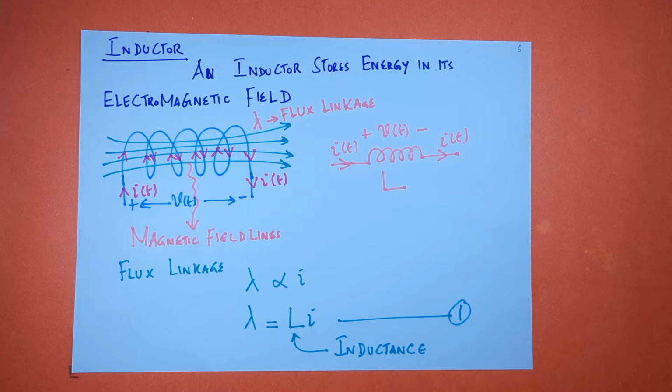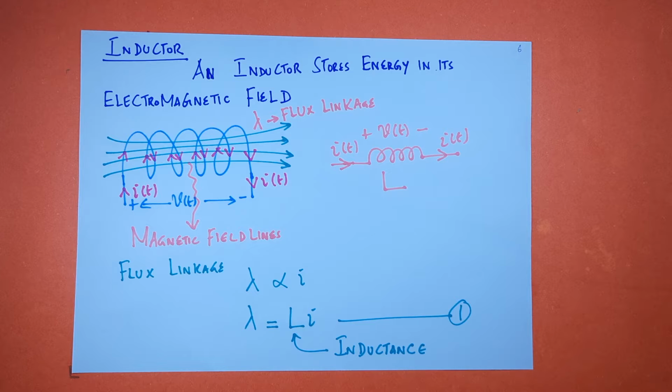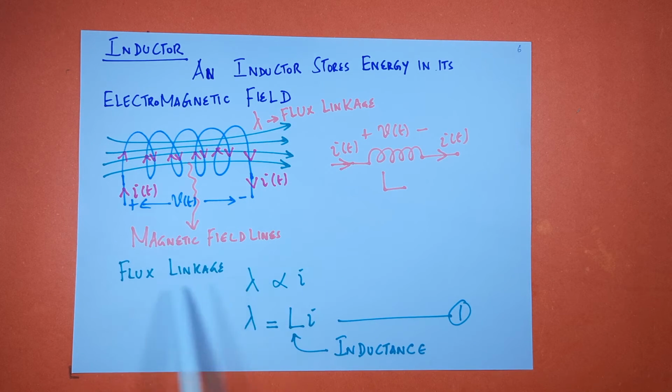Here also a magnetic field is established through this coil. So this green color, these are nothing but magnetic field lines.